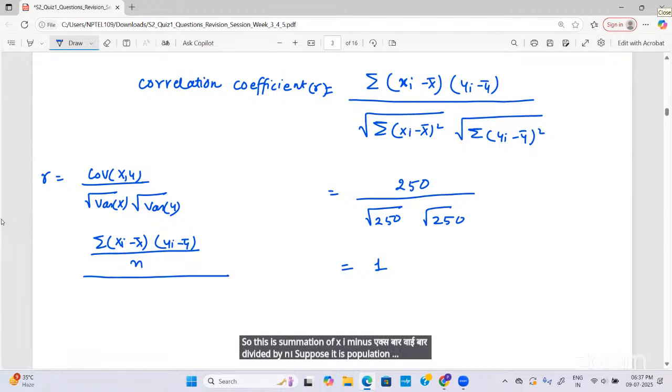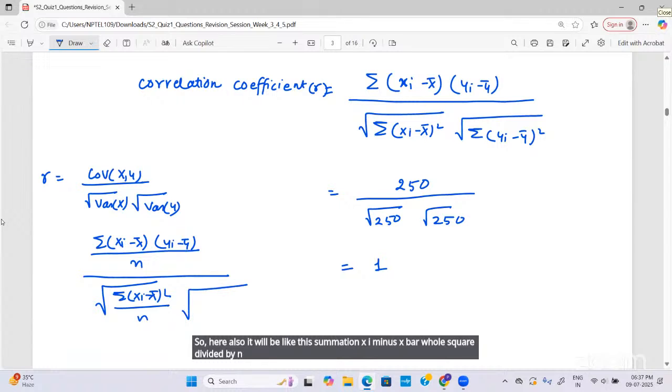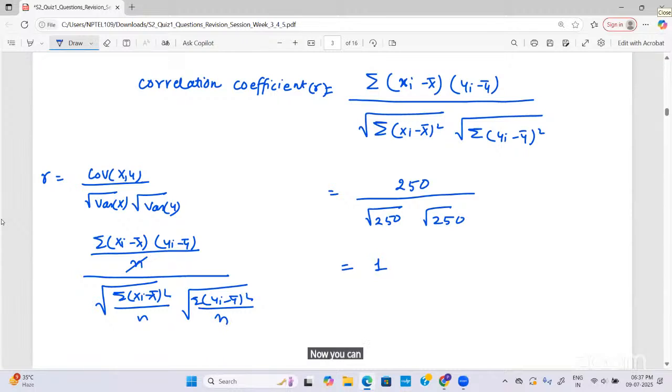Here also it will be summation xi minus x bar whole square divided by n. And here it will be summation yi minus y bar whole square divided by n, right? Now you can see these n will be cancelled out. So we don't need to write these values. Okay, ma'am.